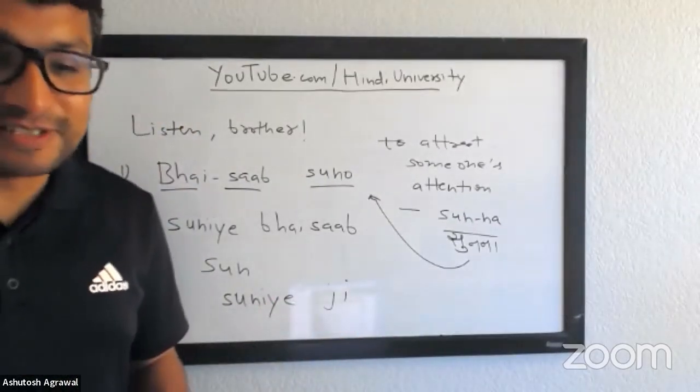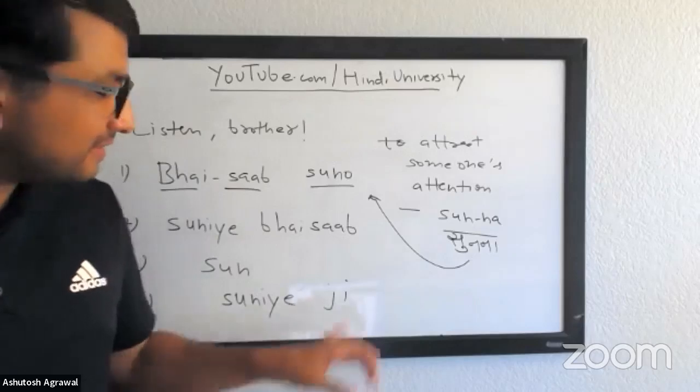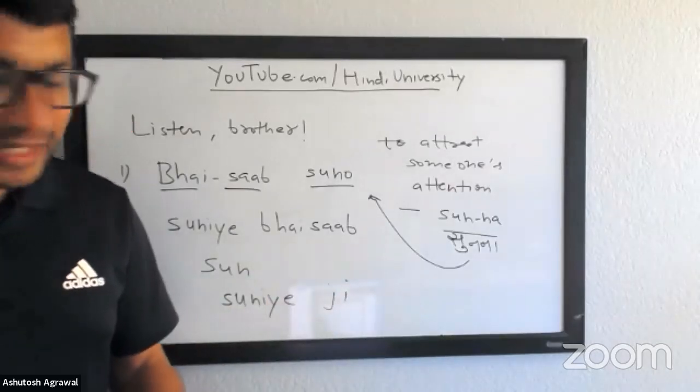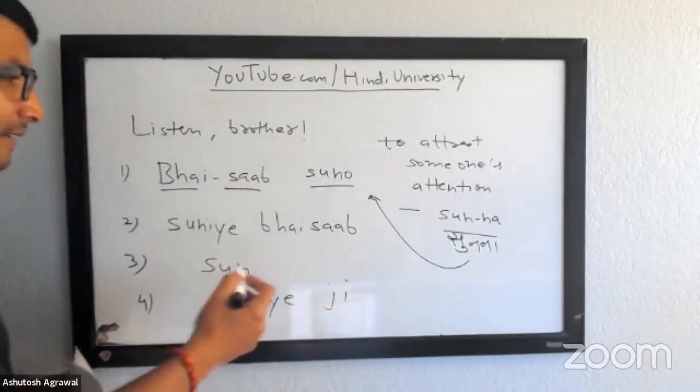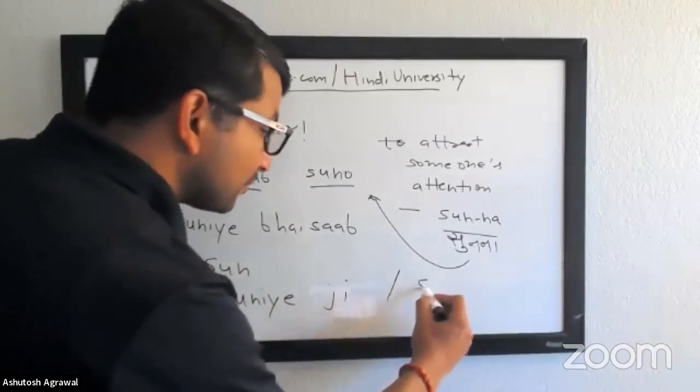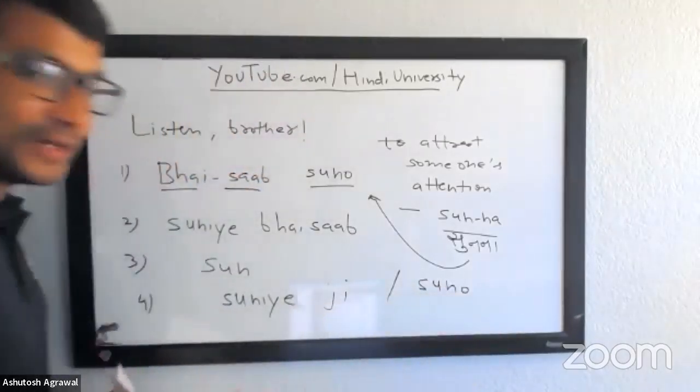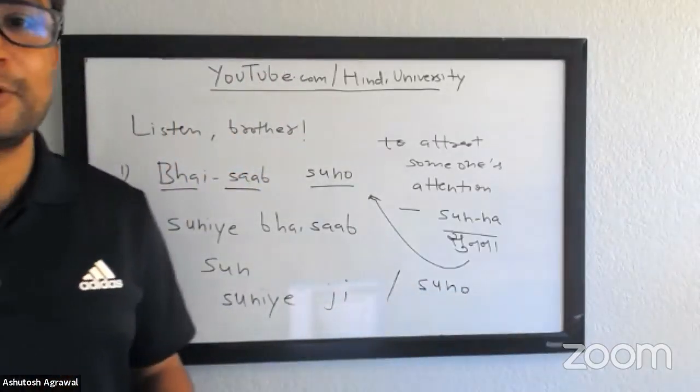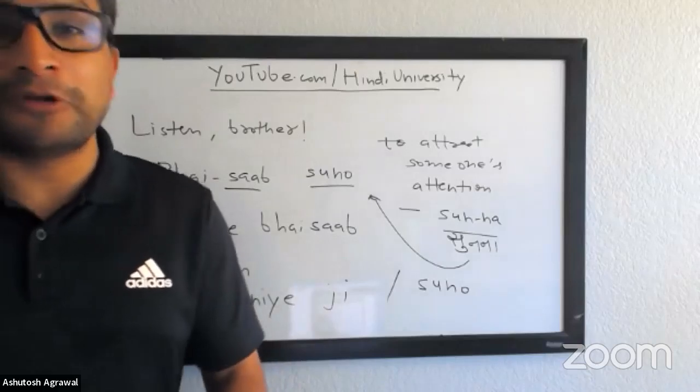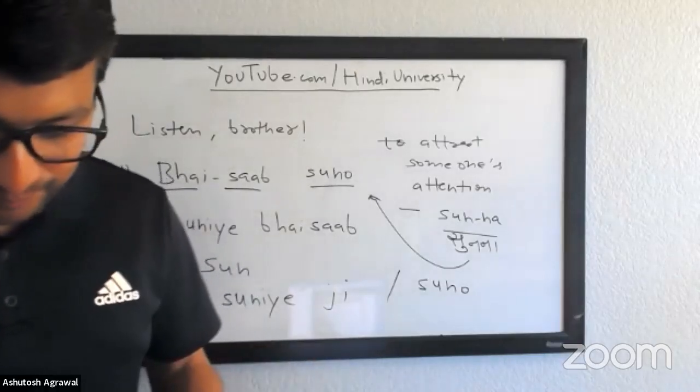Suniye ji, listen, using the ji for the husband. And the husband could also say suno to the wife to get her attention, and then he'll go on with what he wants to share.